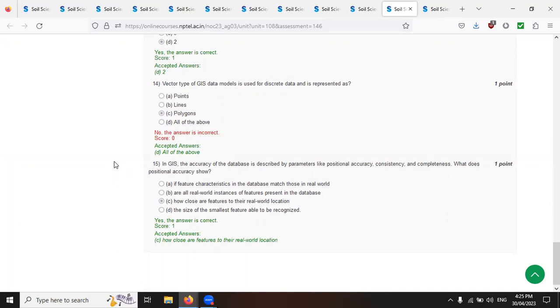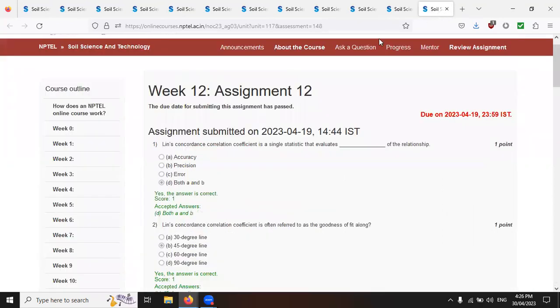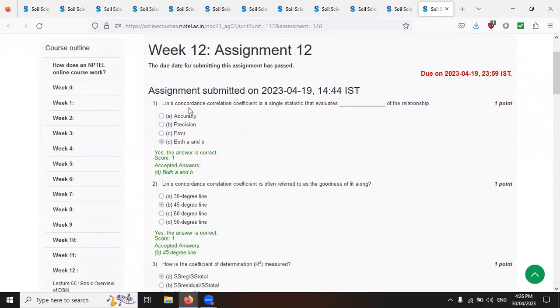In GIS, the accuracy of the database is described by the parameters of positional accuracy, consistency, and completeness. What does the positional accuracy show? How close the features are to the real-world location. Lin's concordance correlation coefficient is a single statistic that evaluates what of the relationship?